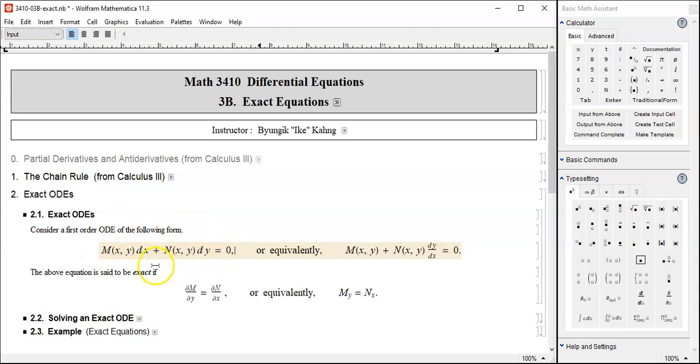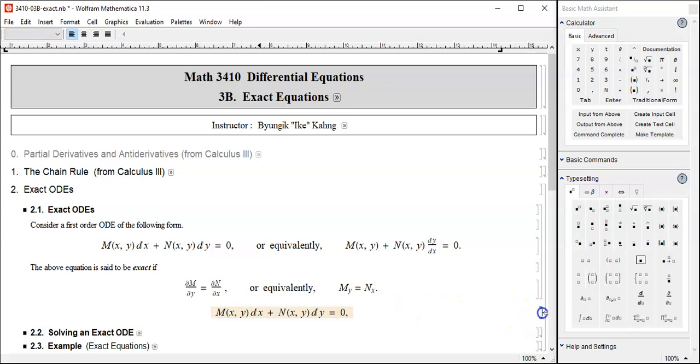This notation can be extended to a more general case where both x and y are functions of a real independent variable t. Basically, I'm talking about this situation.